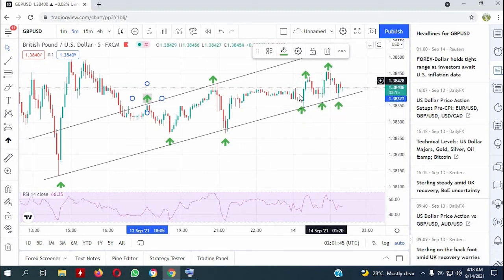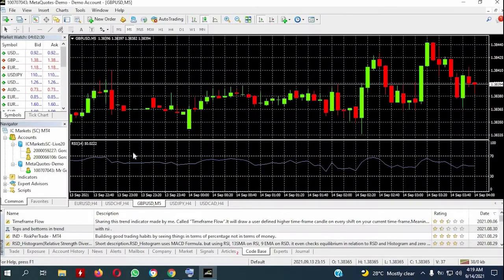So right there, we identify that the market is in a bull trend because we have two higher highs, two clear higher lows, and the market came back.